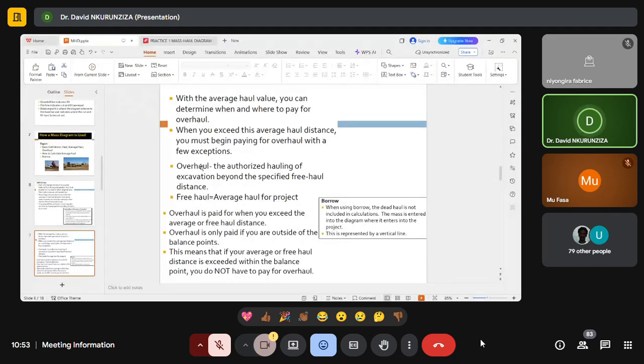Overhaul. What is the overhaul? Overhaul is the authorized hauling of excavation beyond the specified free haul. We have the haul, the free haul, and the overhaul. The free haul is the average haul for the project that has been accepted for use.